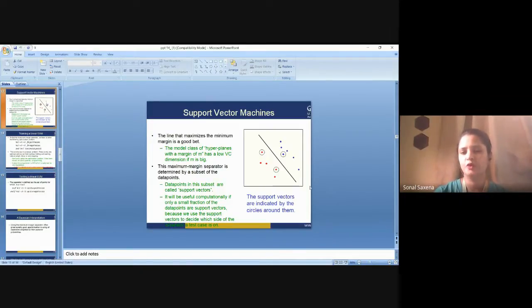It will be useful computationally if only a small fraction of the data points are support vectors, because we use the support vectors to decide which side of the separator a test case is on. So here the support vectors are indicated by the circles around them. This is how we show it.